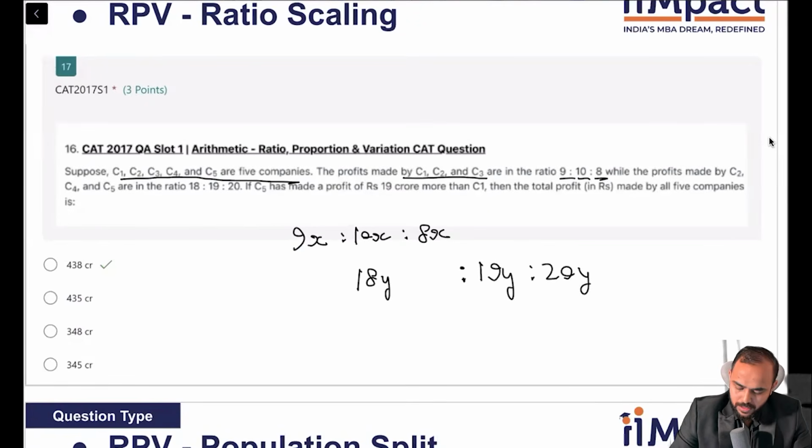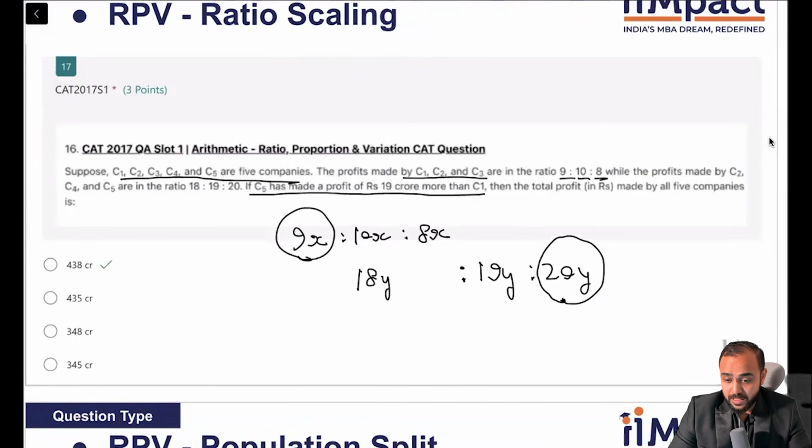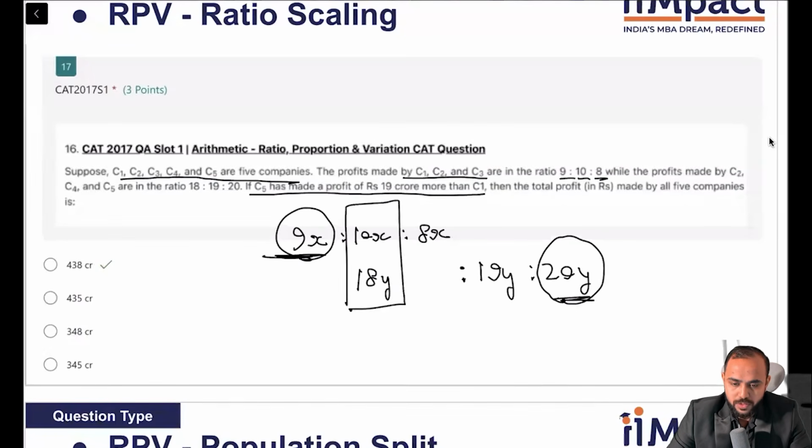Now, C5 has made a profit of 19 crores more than C1. They are giving me a data point for C5 and C1, which are currently not in the same ratio line, which means I have to convert this into this. And what is the common link here? C2. So what will I put as the common value?